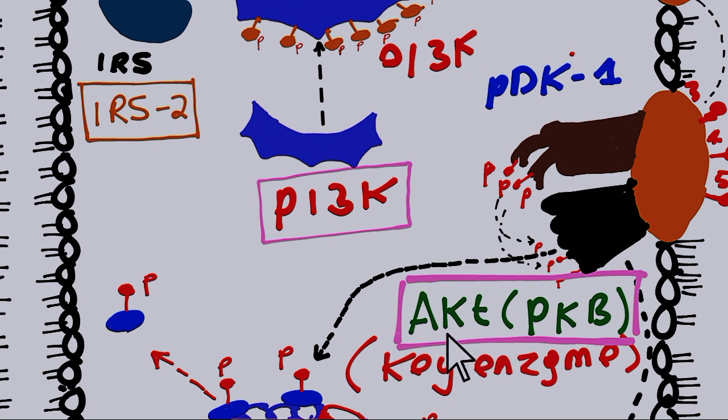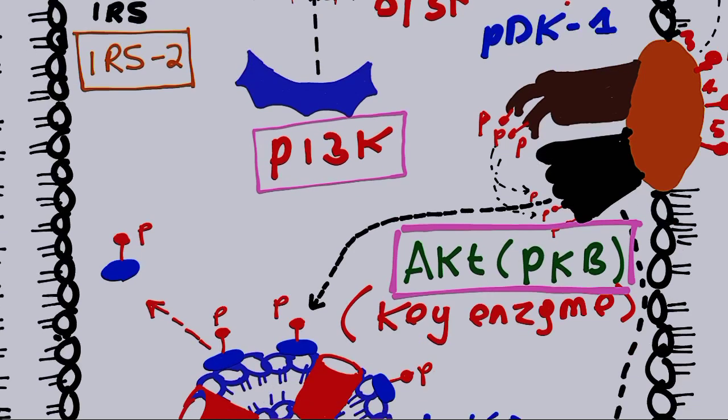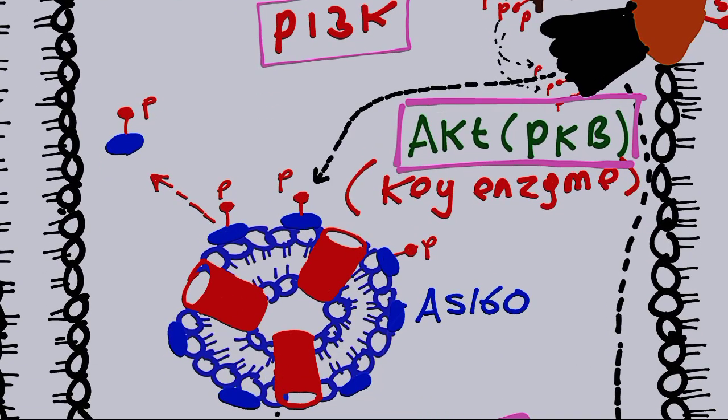Now, AKT or protein kinase B, when it is active, what is it going to do? Remember what we said. We said that the GLUT4 transporters are found inside the cell, in the cytoplasm. So you can see that here we have got a vesicle, and this vesicle contains the GLUT4 transporters. These GLUT4 transporters are tricky because they require AKT for them to move and bind to the cell membrane.